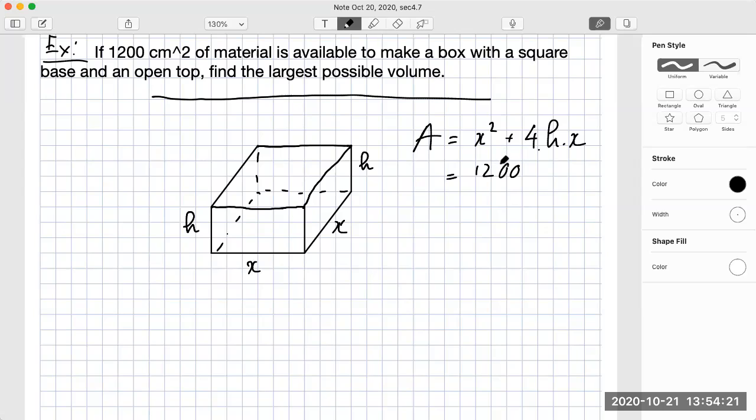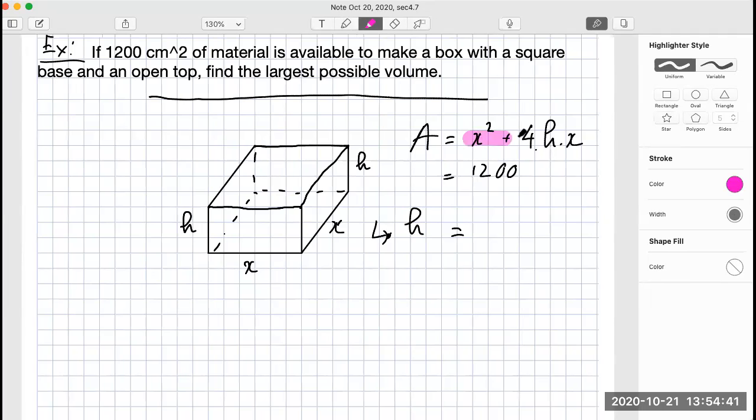This is an implicit function, okay? Let us write h in terms of x first. How can we do that? The sum of them is 1200. So we eliminate the variable x, right?